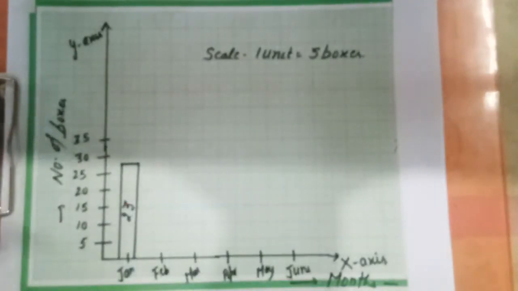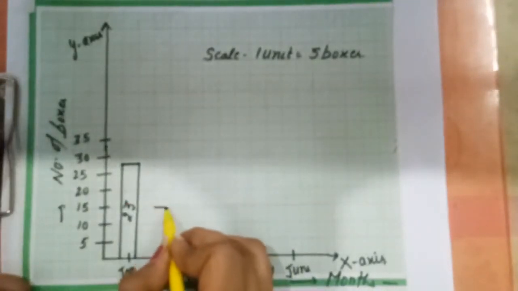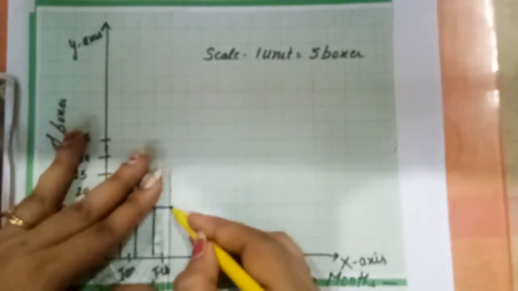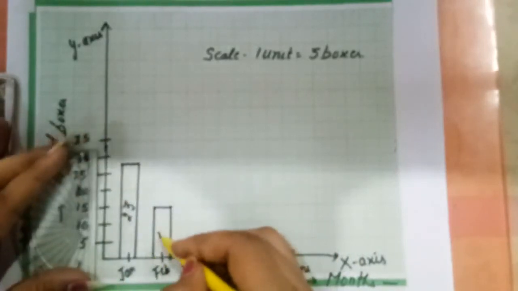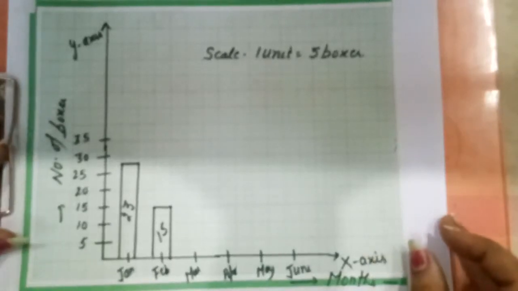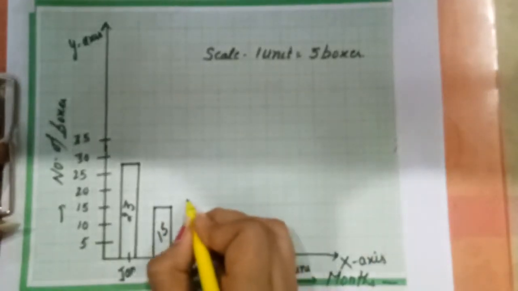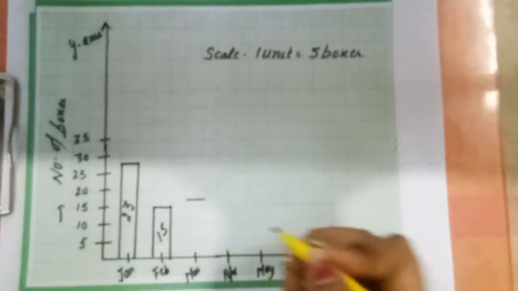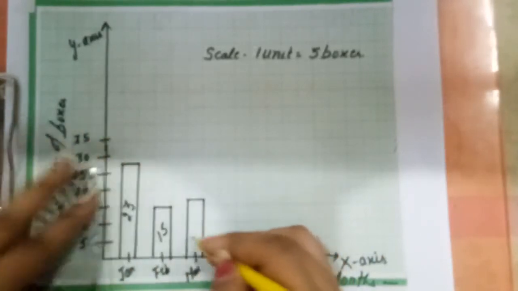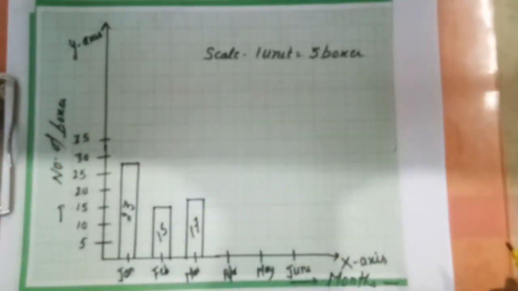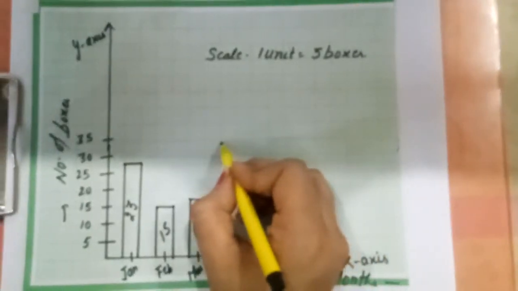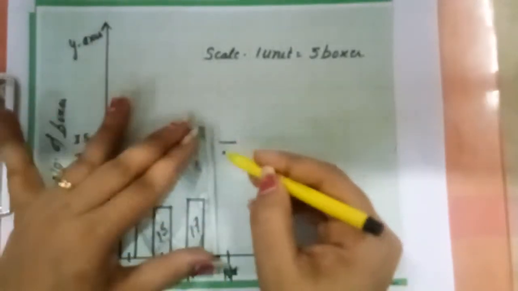Next we have 15. It's easy to mark because we have this number on our axis. So this one is 15. Right. Next we have 17. That means 4 lines, that is 1 less than 5. So here we can plot 17. Now in April we have 34 boxes. 34 means it comes 2 lines less than 35.